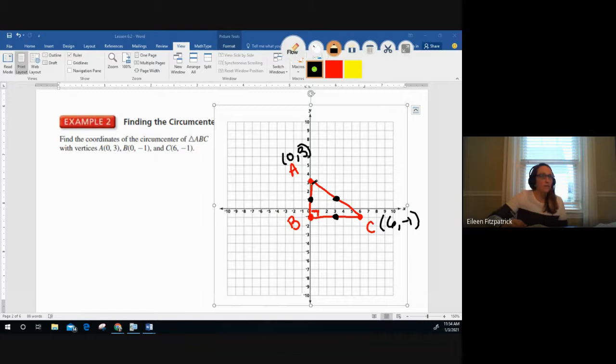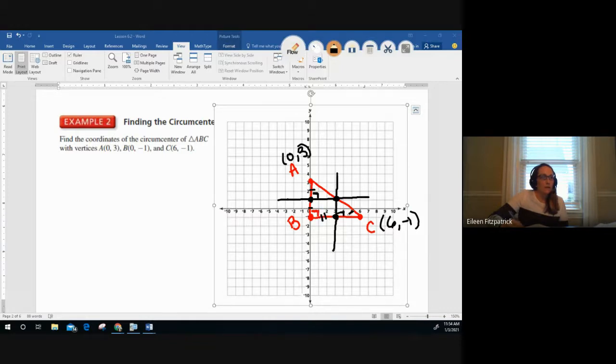So if this is a vertical line, the line that's perpendicular is going to be a horizontal line. So I want to draw a horizontal line through the midpoint. That is the perpendicular bisector of side AB. For side BC, since it's a horizontal line, the perpendicular line is going to be a vertical line that goes through the midpoint. So that's the perpendicular bisector of BC.